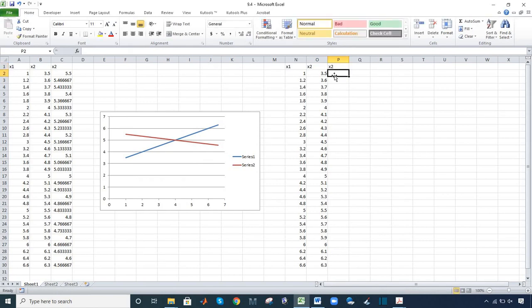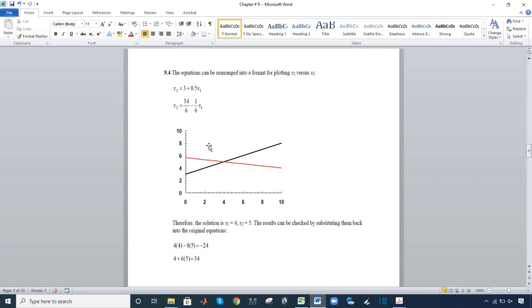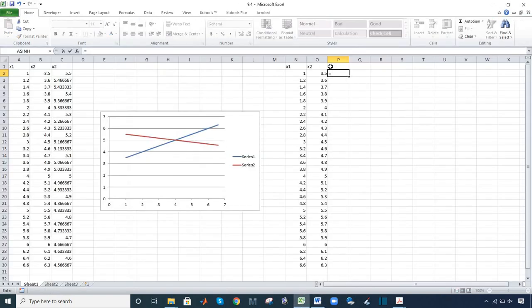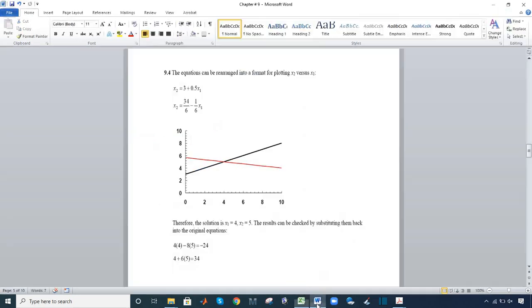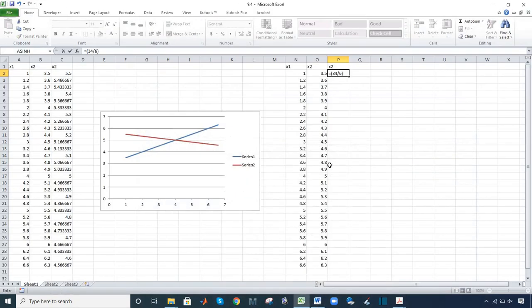First thing, equal sign, then I have to put brackets, 34 divided by 6, minus 1 divided by 6.